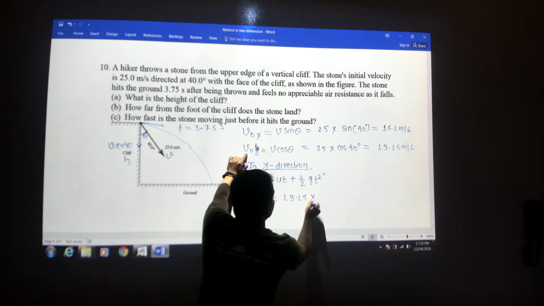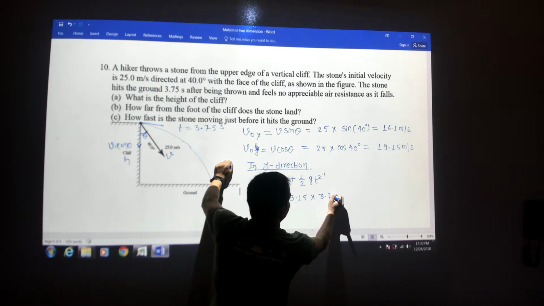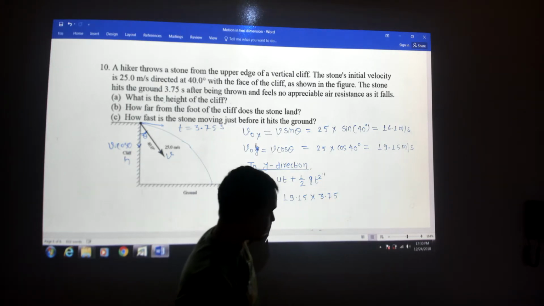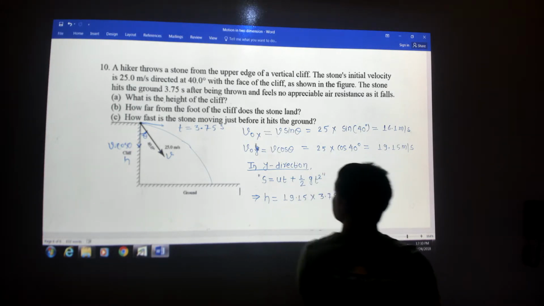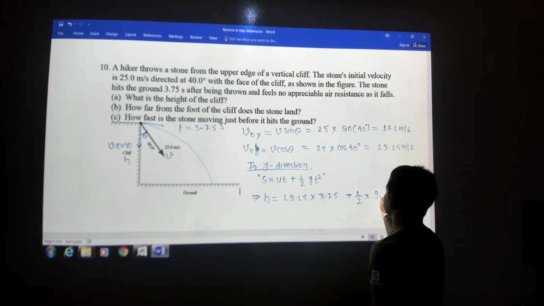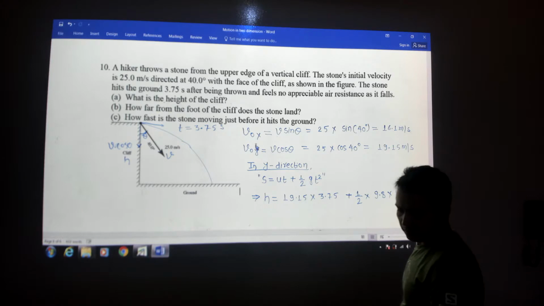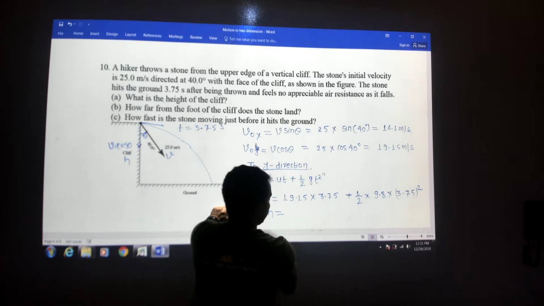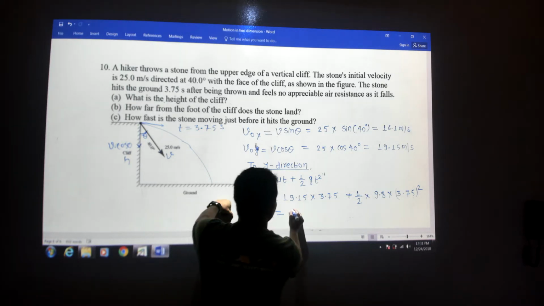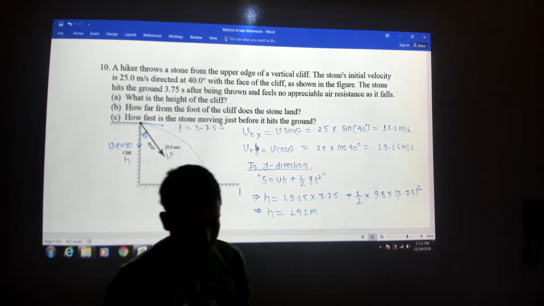The time is 3.75 seconds, plus half g, you know the value of g, which is 9.8, and the time is 3.75 squared. So just do your math, and the height you will get is 141 meters. This is the height. We found out the height now.